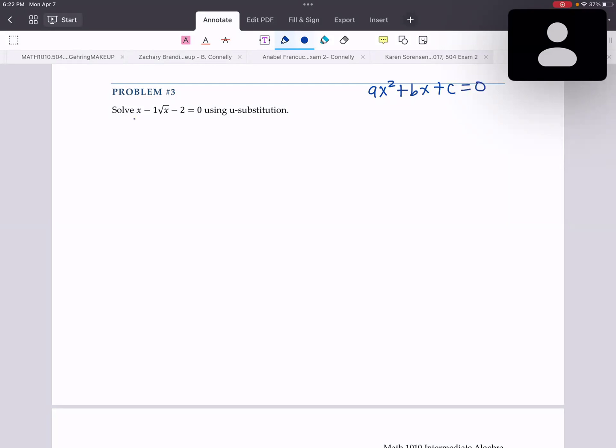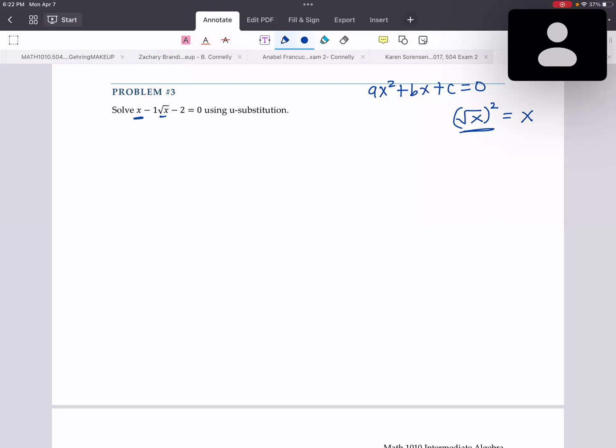And right now, my first term doesn't have a squared in it, right? But think about what happens to that middle term. If I took that square root of x and I squared it, I'd end up with x, which is what I have here on my first term.